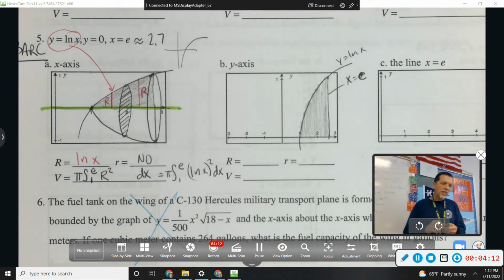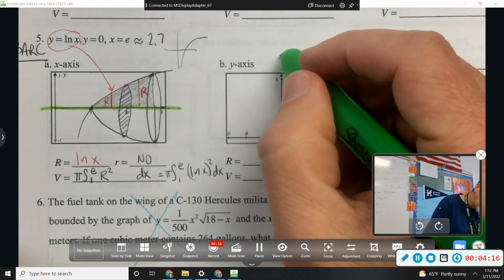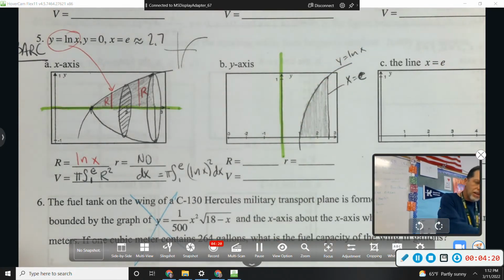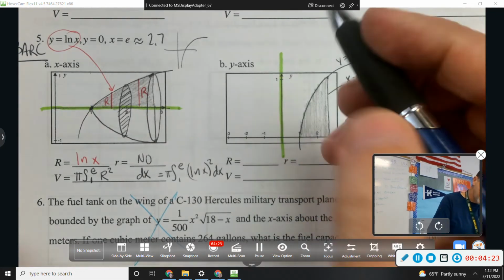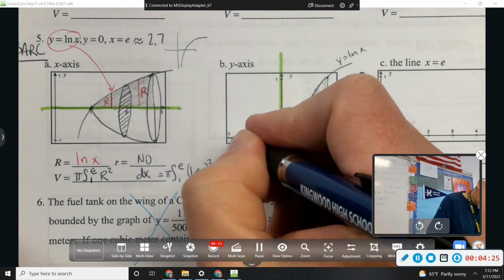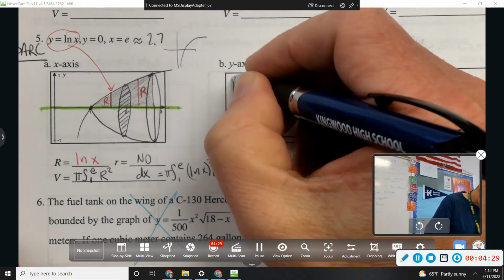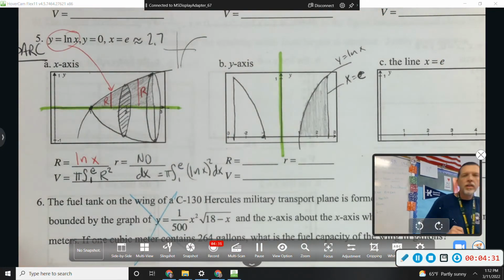So there's our base area. Rotate around the y-axis. So our axis of rotation is the y-axis. Reflect it over.